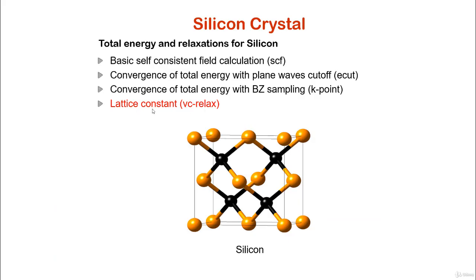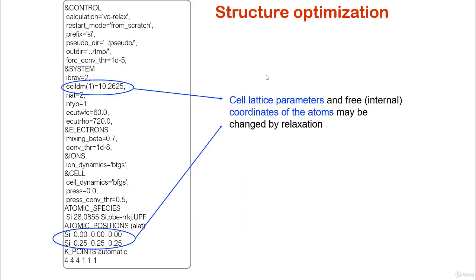And the last calculation that I want to explain in this section is VC relax calculation, or variable cell relax calculation. As we said before, one of the important calculations is variable cell relax calculation or VC relax calculation. This is the VC relax input file.